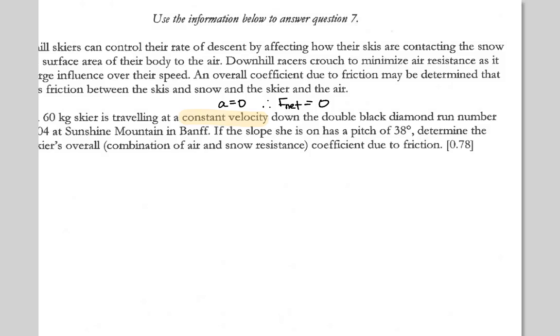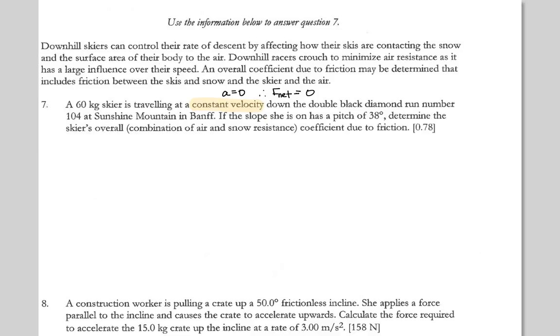That is a must know. You have to be able to do that. So the skier is going down a hill. The slope is 38 degrees. Determine the skier's coefficient of friction.